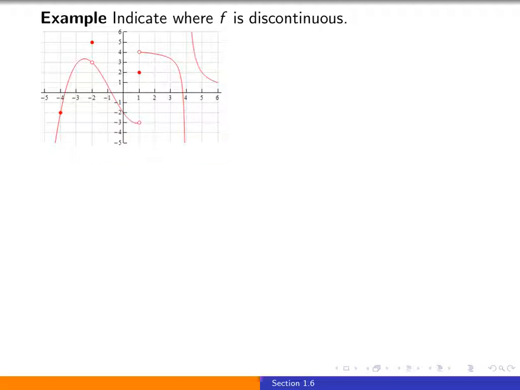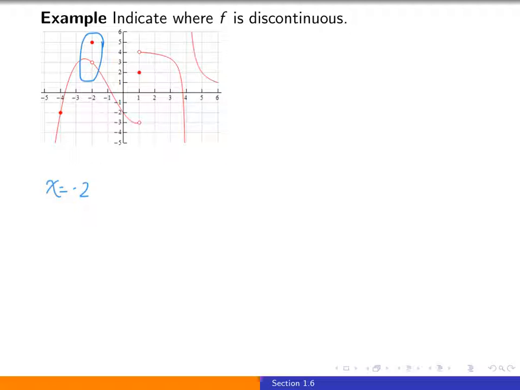A very similar type of problem: indicate where the function f is discontinuous. And I'm once again seeing 3 problem points. The first would be at x equals minus 2, where it looks like the limit exists, and from a graphical standpoint it looks like that limit would be 3, but the function value is defined to be the number 5.